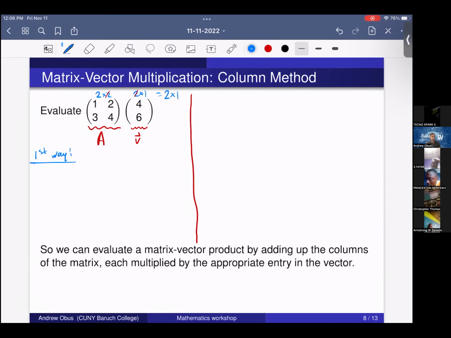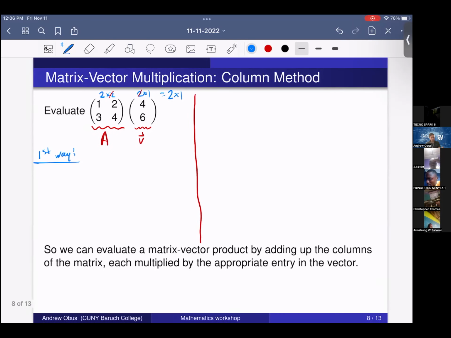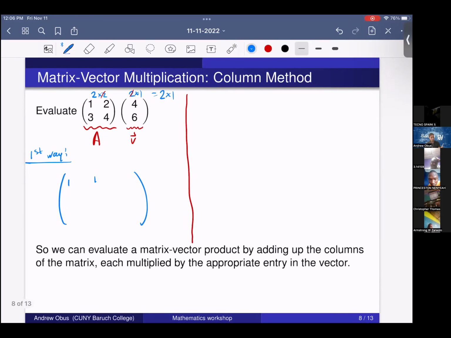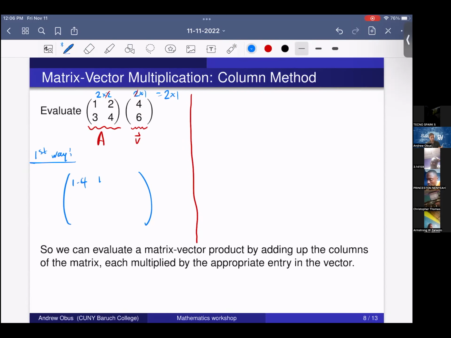So what's the first way of multiplying these? We know what we get is a 2 by 1 matrix. The first entry is the row 1, 2 dot product with 4, 6. So we get 1 times 4 plus 2 times 6. For the second entry, we get the bottom row dotted with 4, 6.